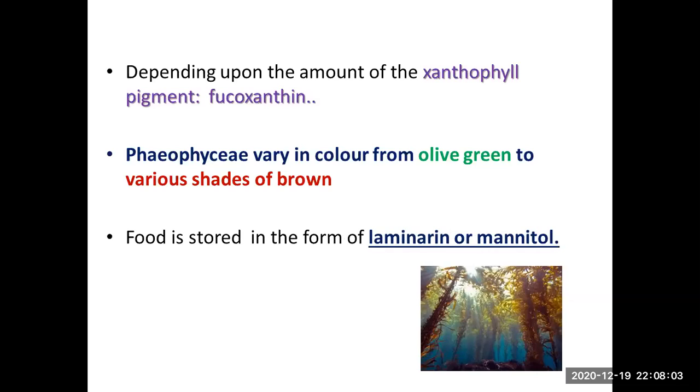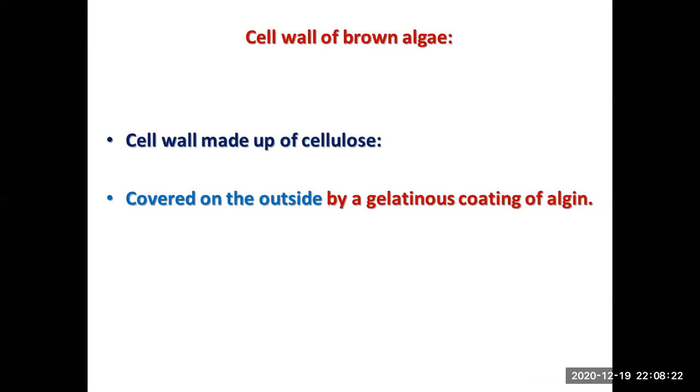The storage food is in the form of laminarin or mannitol, complex carbohydrates. The cell wall is covered with a gelatinous coating called algin.